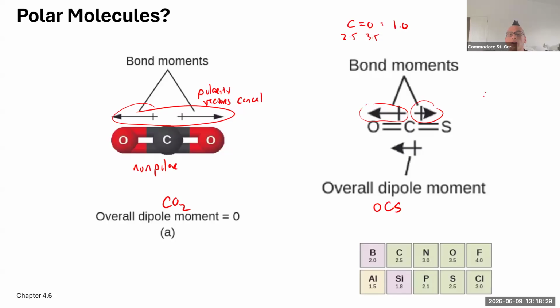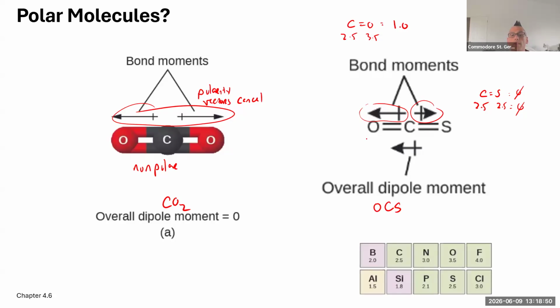So we have another one here, CS. Let's do it over here. C bonded to S. Here it's 2.5 and 2.5. So it's effectively zero. It's going to be a small one because those numbers are rounded, but let's say we don't know that, right?